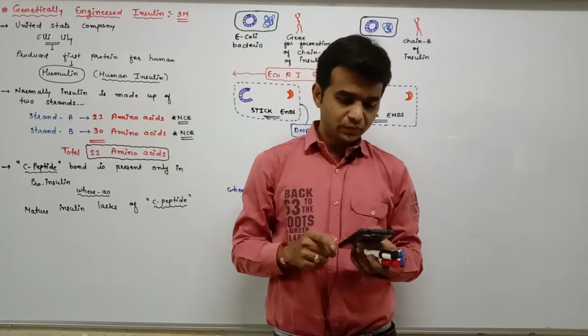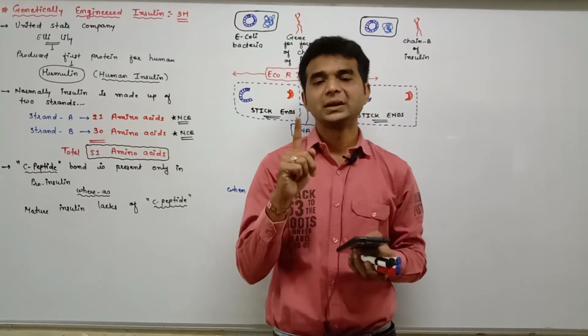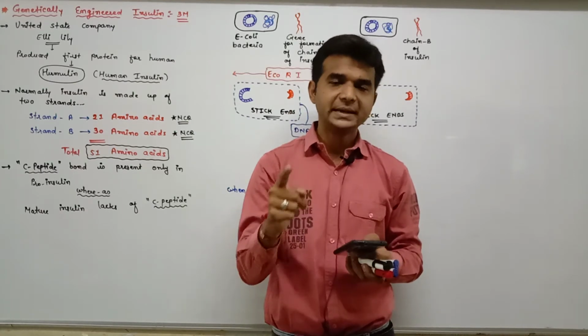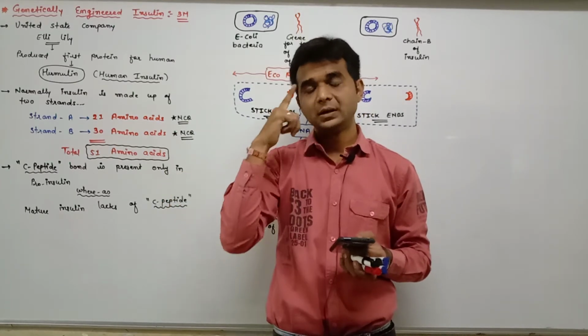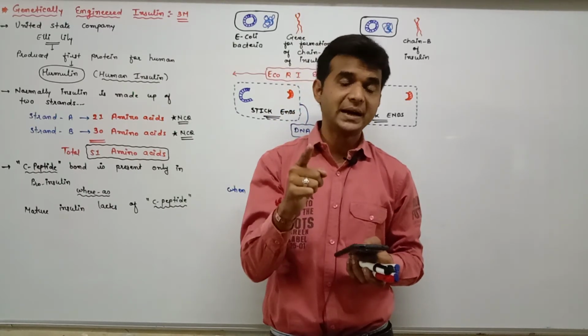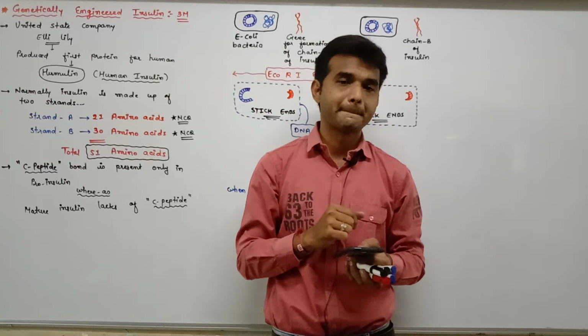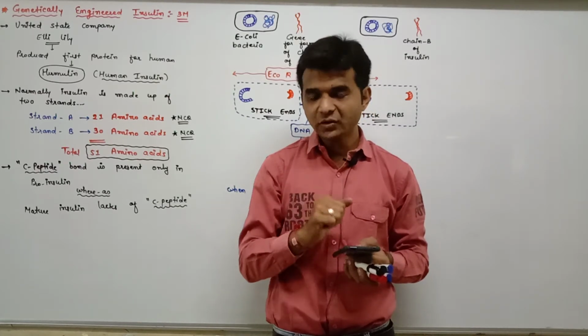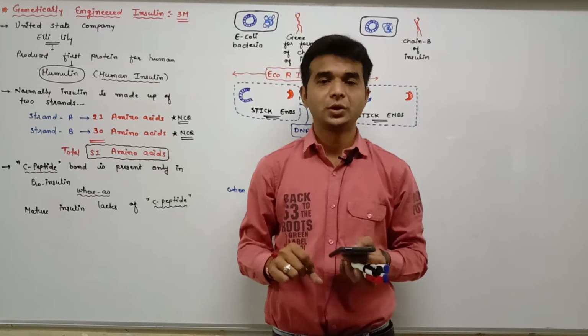If we give insulin orally, then insulin is a protein. As a result, this insulin is digested by protease enzyme. As a result, what happened? The effect of insulin cannot be seen.